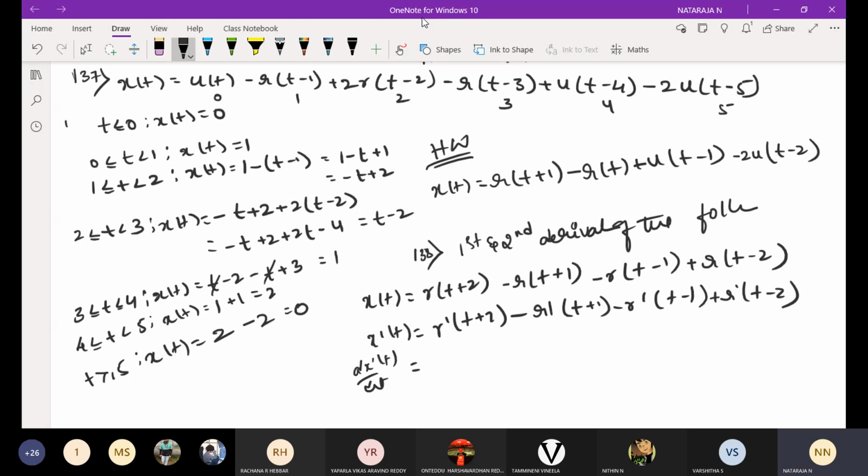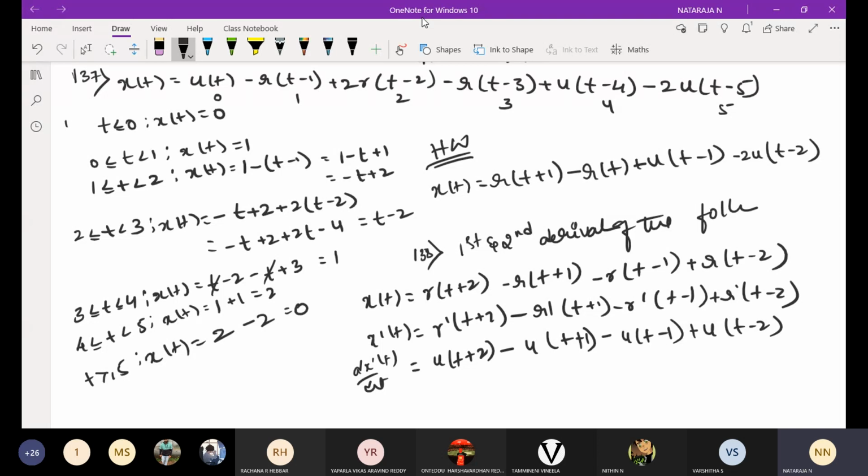What is the derivative of r of t? It is u of t. So u of t plus 2 minus u of t plus 1 minus u of t minus 1 plus u of t minus 2. For this equation, you have to sketch this signal.